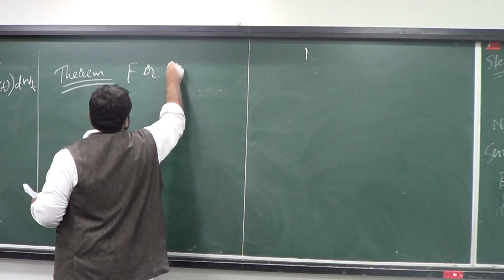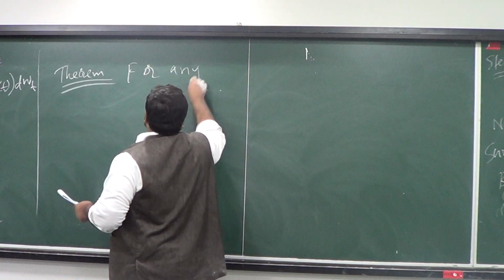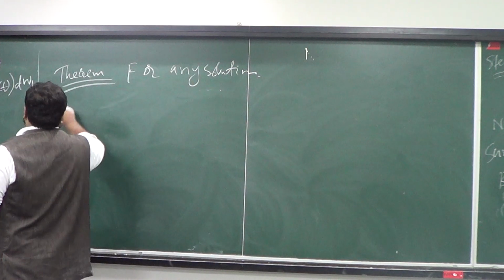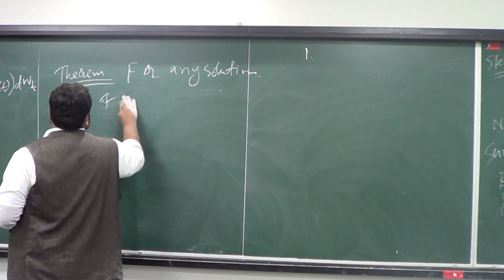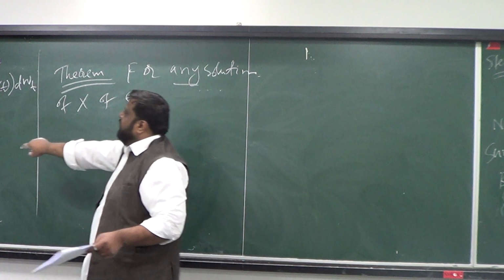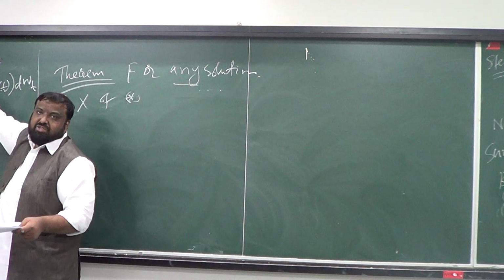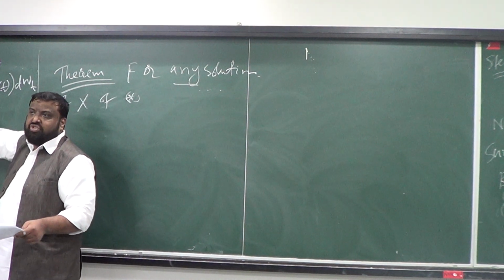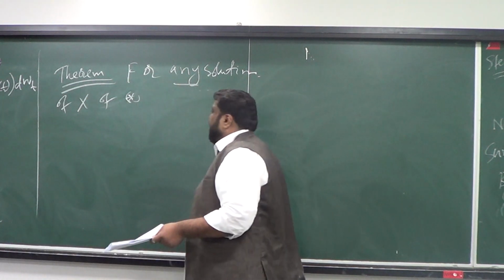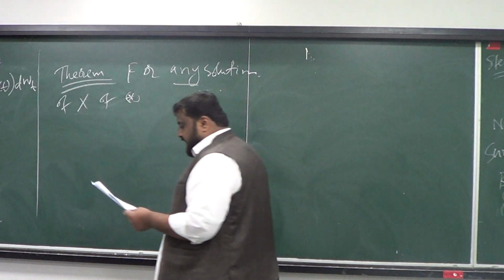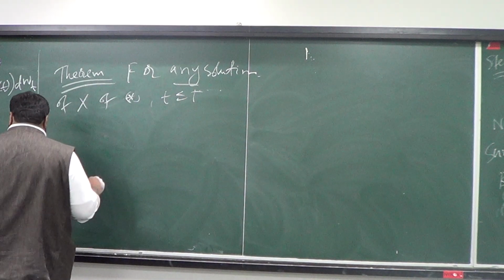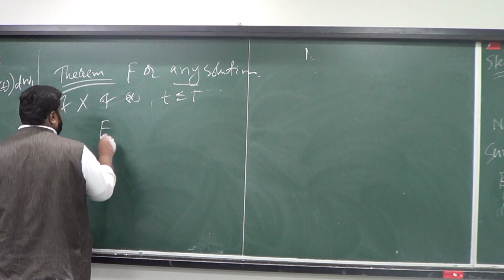So for any solution of x star, and why say any solution? Because you can change the initial condition and get a different solution. For every solution is triggered by this initial condition. So for any solution of x star, and for any time t less than or equal to T, it satisfies this estimate.